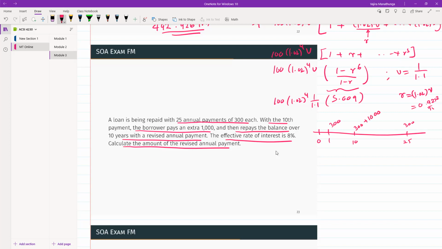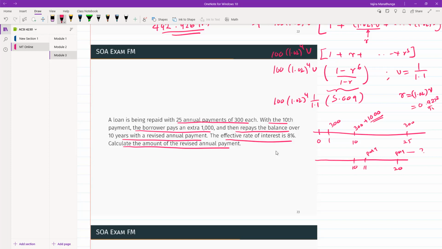And then after that, repays the balance over 10 years. Okay, so now once we do that, we get a new timeline. Starting 11, so new payment, because of this extra $1,000. So these are the revised payment. The effective rate of interest is 8%. Calculate the amount of revised annual payment. So we want to know the payment size.